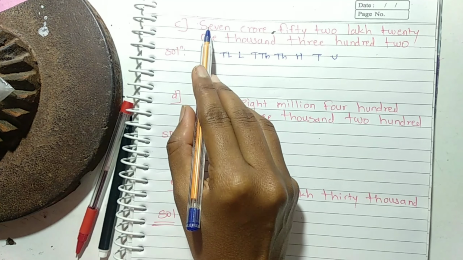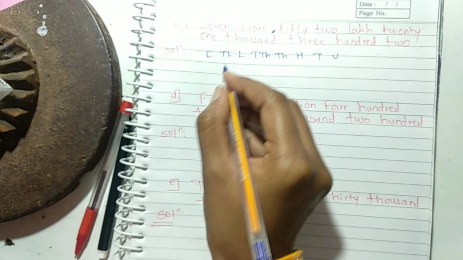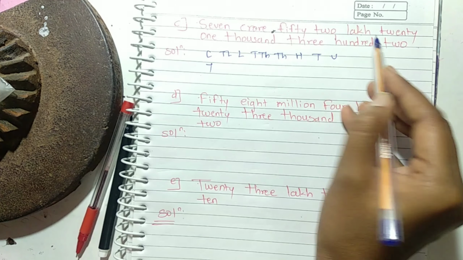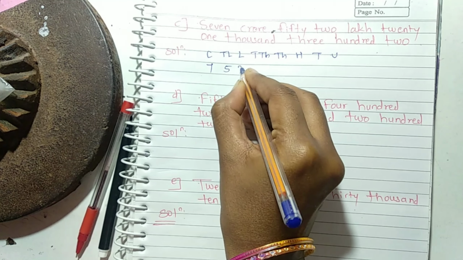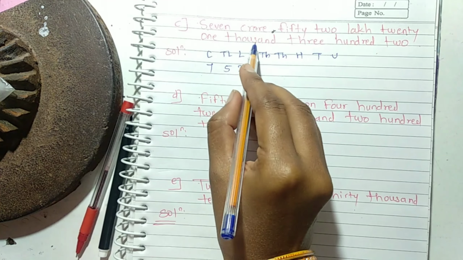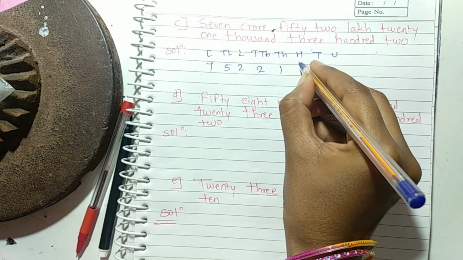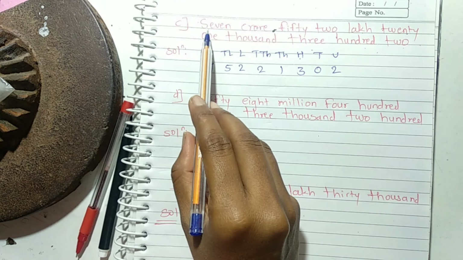Here write down 7 crore. 7 is on crore, so write down 7 crore 52 lakh 21,302.